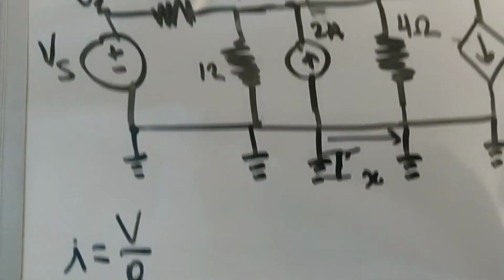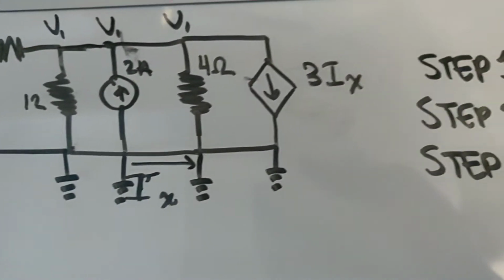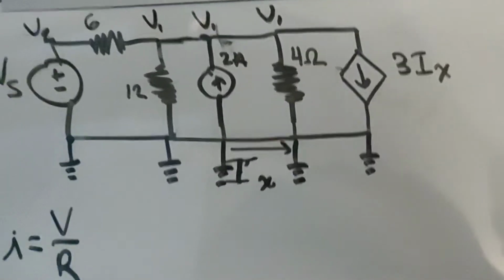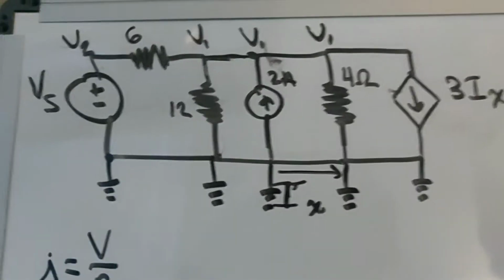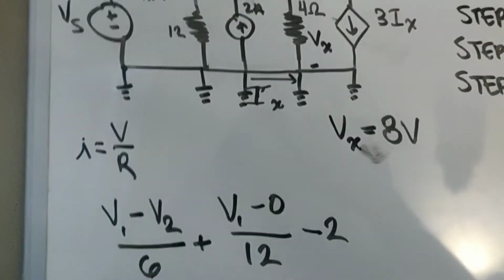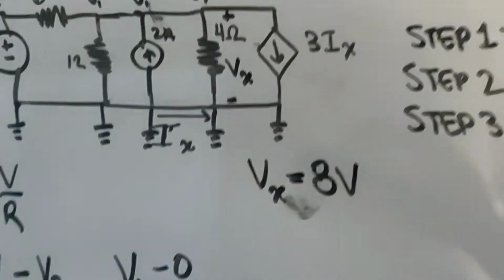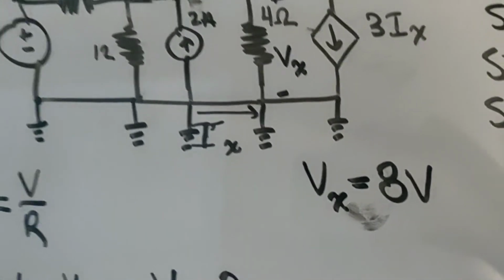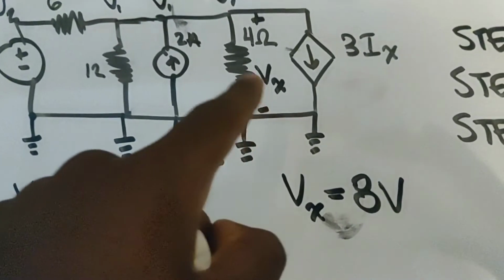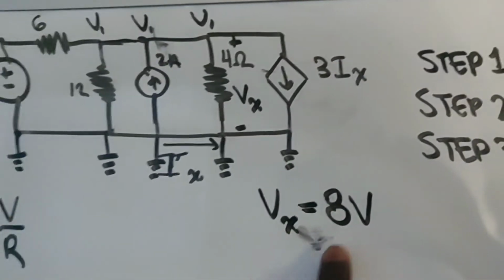And now in the next branch, we're going to do the potential. Well, actually, hold on. I forgot something very important and crucial in this equation, and I'm going to add it. In the original circuit, we had a voltage that was given to us in this branch, and that voltage was 8 volts.